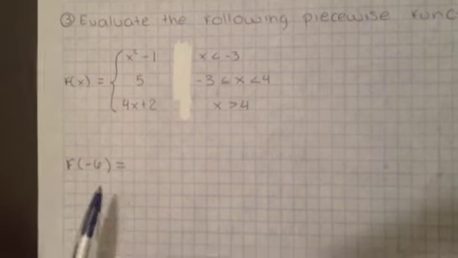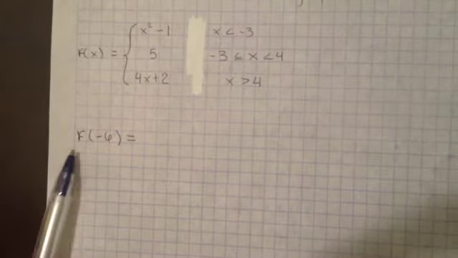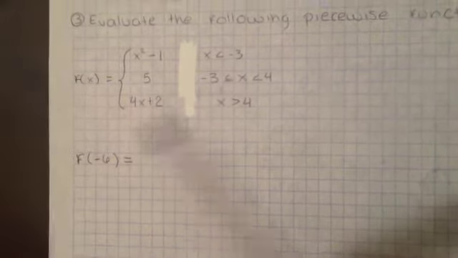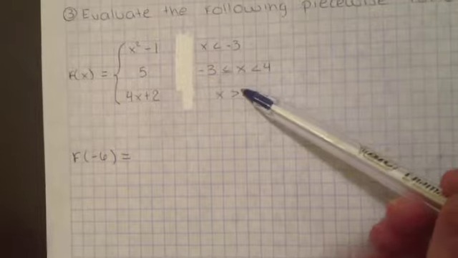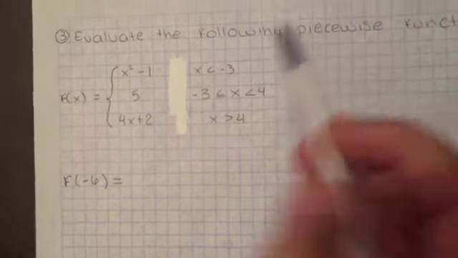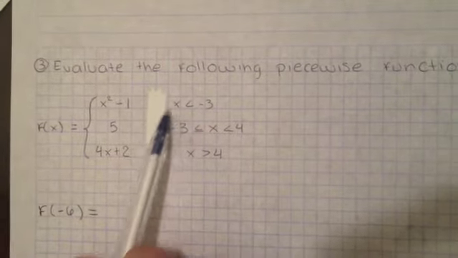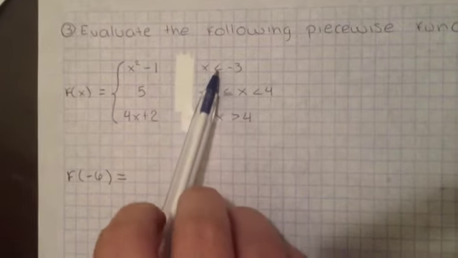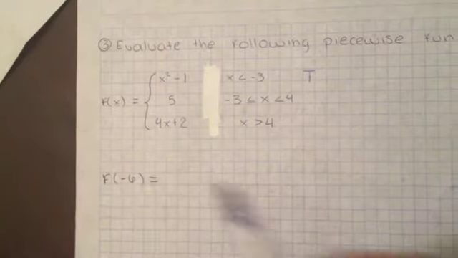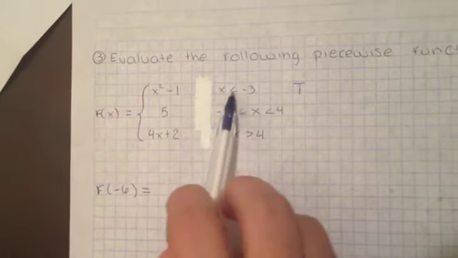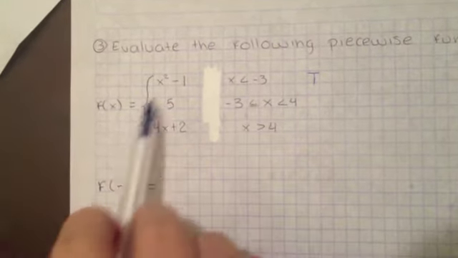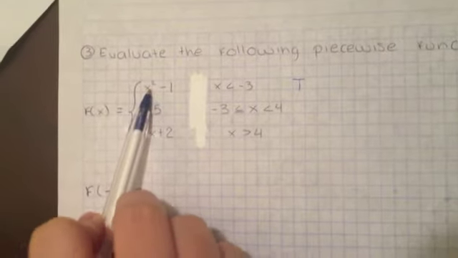So the function that we have here is f of negative 6. What we need to do is look at these piecewise functions and check in which one negative 6 would be located. Let's check the first one. Is negative 6 less than negative 3? That is true. So now that we know negative 6 is in fact less than negative 3, we need to plug negative 6 in for x in this piecewise function.